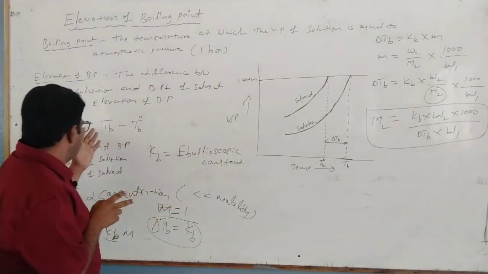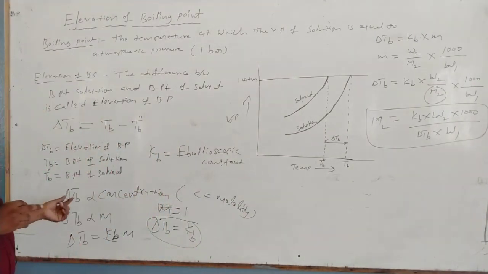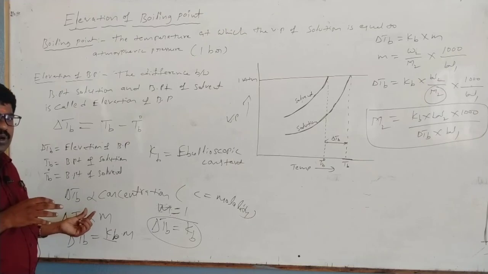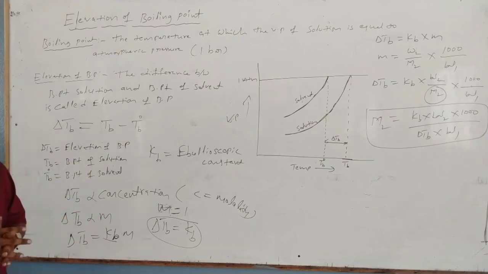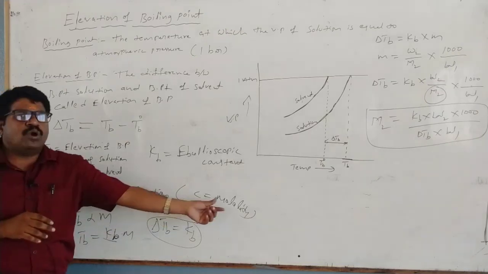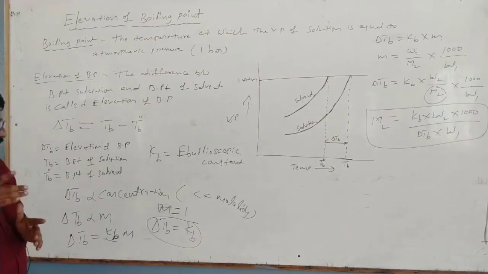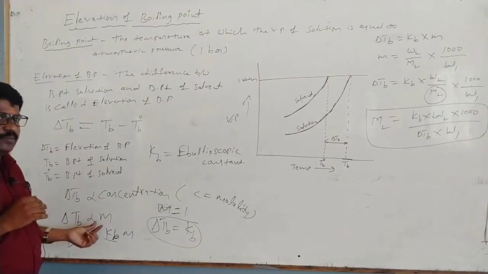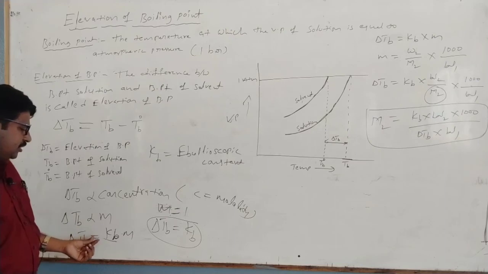The elevation of boiling point is directly proportional to the concentration of the solution. Here the concentration is nothing but molality, not molarity. Delta Tb is directly proportional to m, and delta Tb is equal to Kb into m.